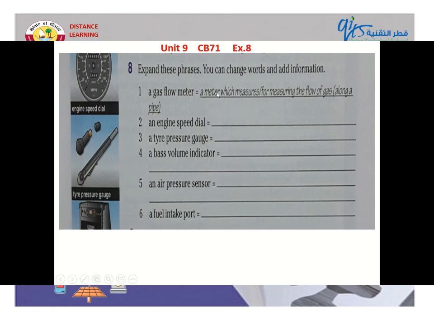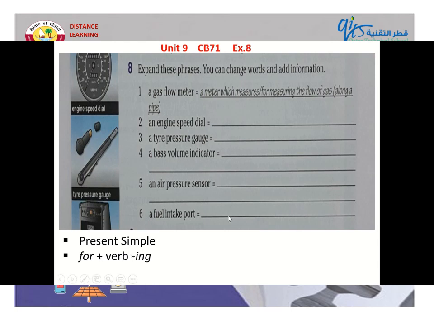Now you can see that to do this task, you need to remember your present simple, like it is used here, which measures. And you need to remember this form, for plus verb with ing.